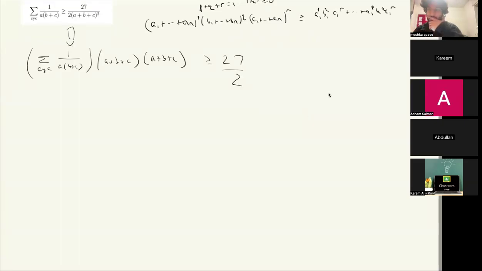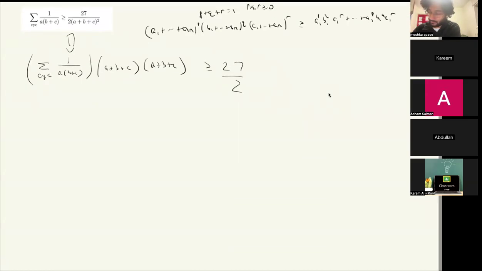I want to point out why this is interesting. First of all, the statement makes sense, right? We can also just use AMGM to prove it. The proof is exactly the same. It's again by AMGM.